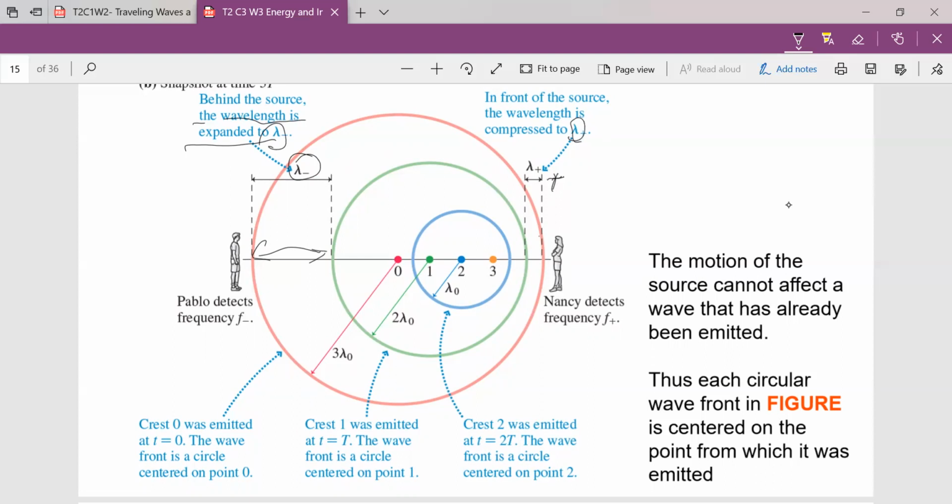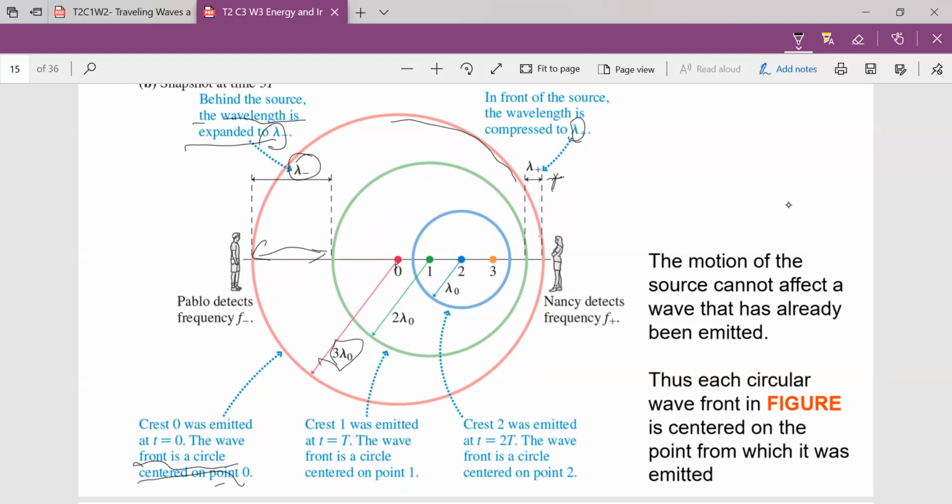So we see that the crest at 0 was emitted at time 0, and the wave is a circle centered at 0. This is the 0 point, the crest, the red at 0, red to go with red. That's the wave emitted, and this is the distance, 3 lambda naught.